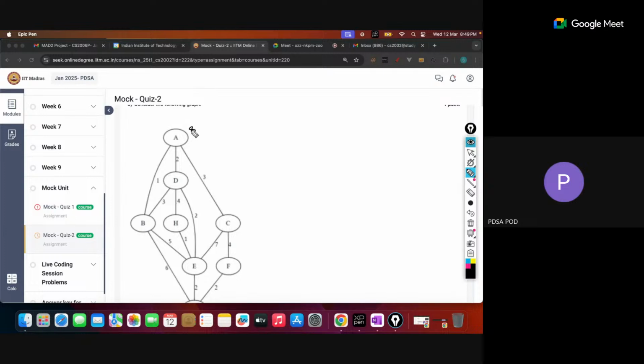Whenever you are computing the shortest distances, we take this as infinite, and maybe this is also infinite. I don't know what this is. So we are updating: A to B, we are going with 1.